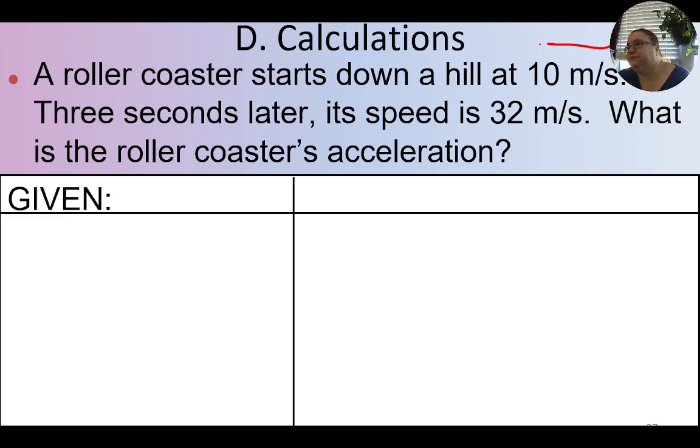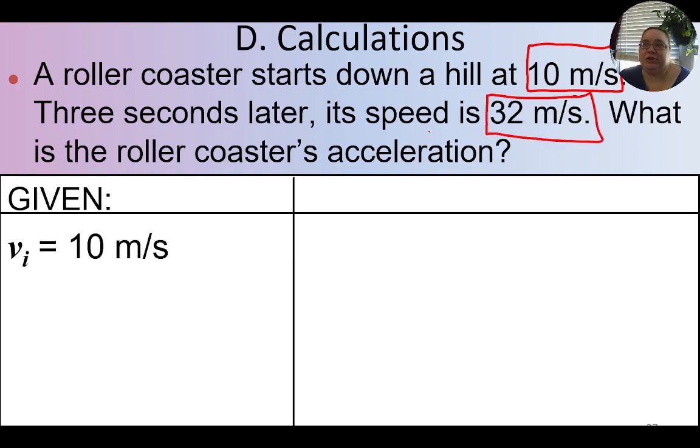Your givens are the things in the problem that have numbers. If it's got a number or if it's got a unit, it's probably important. So notice this first number right here, right in front, says 10 meters per second. You have to know that meters per second measures a velocity. We don't know if it's our initial or our final yet, but we do know it's a velocity. We can also see the 32 meters per second. That would be our other velocity.